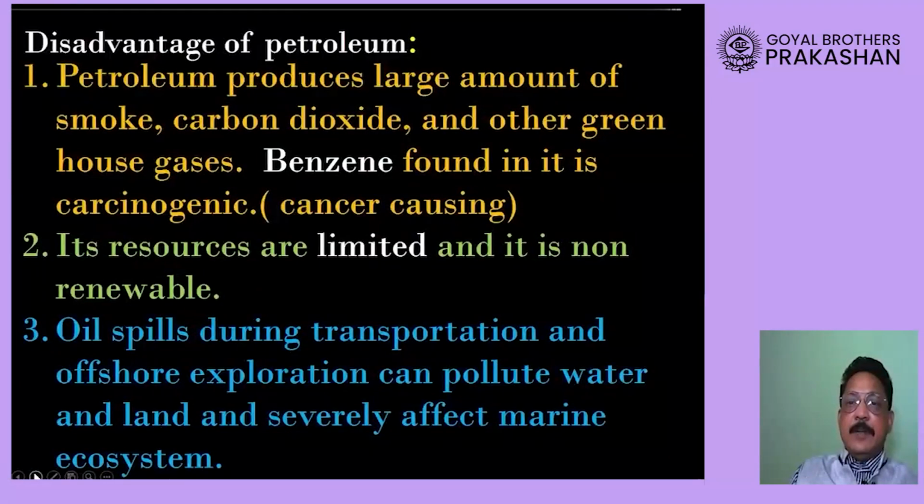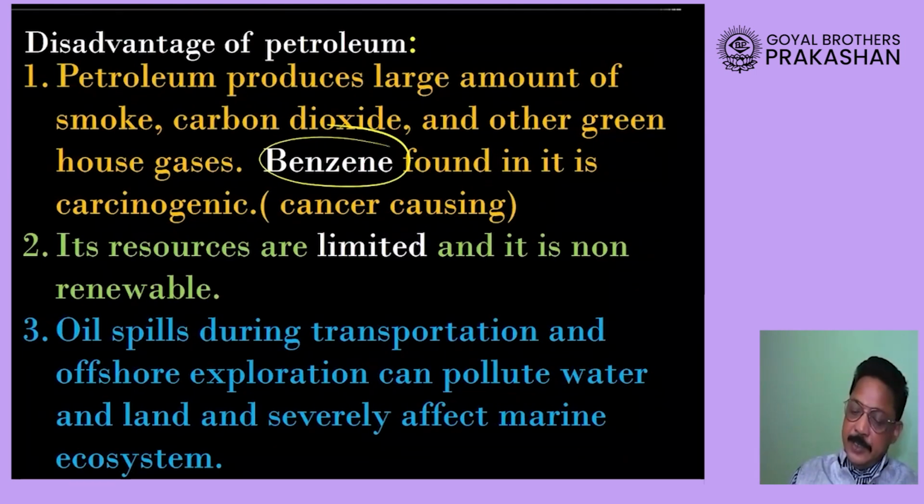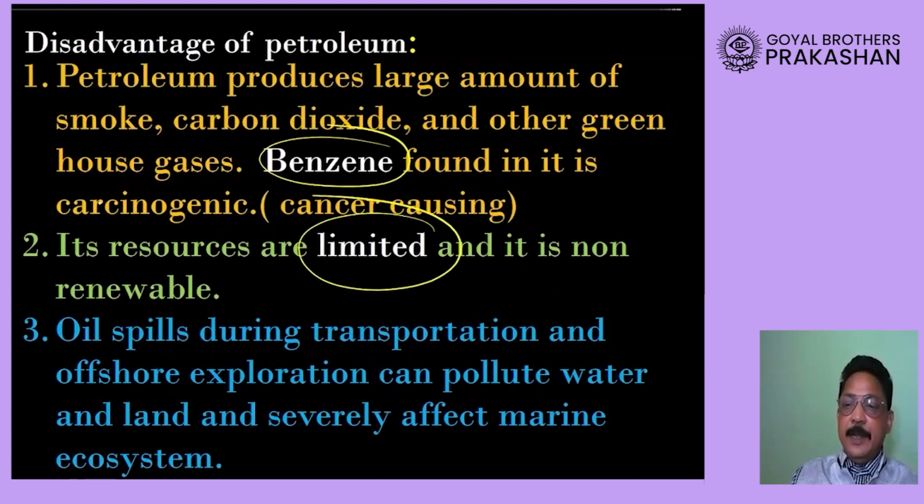But there are a few disadvantages associated with it. We have already seen them. One of them is the pollution that is caused, and during that pollution, one gas called benzene which is produced is carcinogenic. The meaning of the word carcinogenic is that it causes diseases. Second, their deposits are limited, and the oil spill that occurs is responsible for pollution and is also dangerous for marine life.